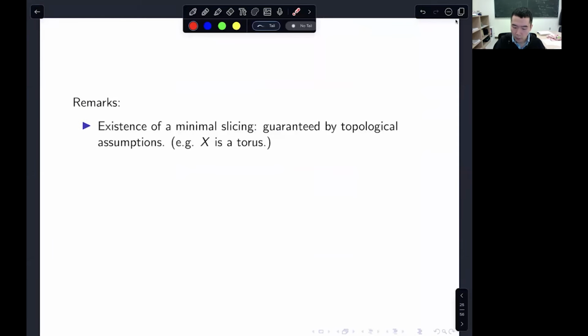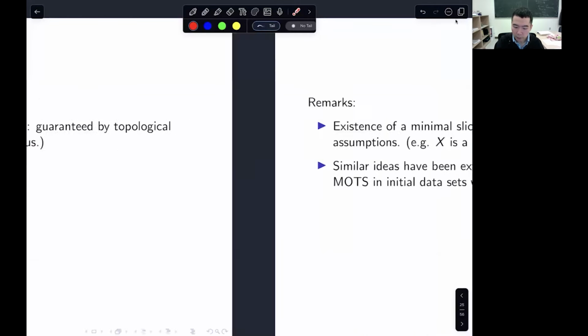The existence of such a minimal slicing is usually guaranteed by topological assumptions. If you have sufficiently much topology on the ambient space, then you can just minimize again in homology classes. Particularly this works if the ambient space you start working with is a torus. Okay, so there is a lot of homology.